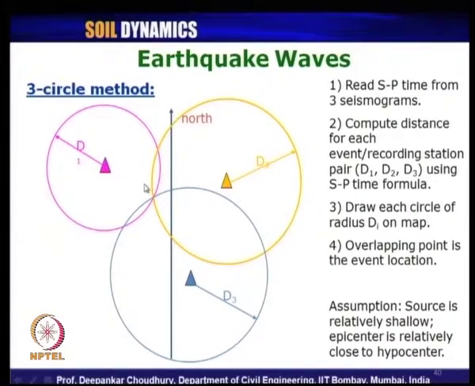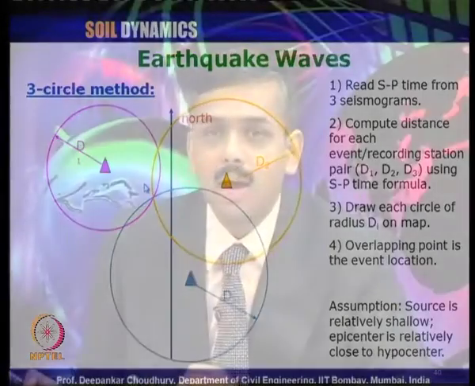If not, at least we get some idea of where the earthquake has occurred. So, this is the way worldwide seismic recording stations are used to locate the epicenter of an earthquake. This is the way we use.